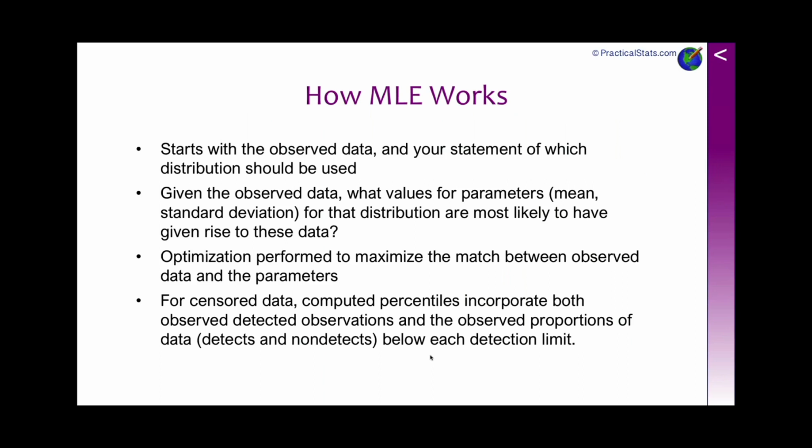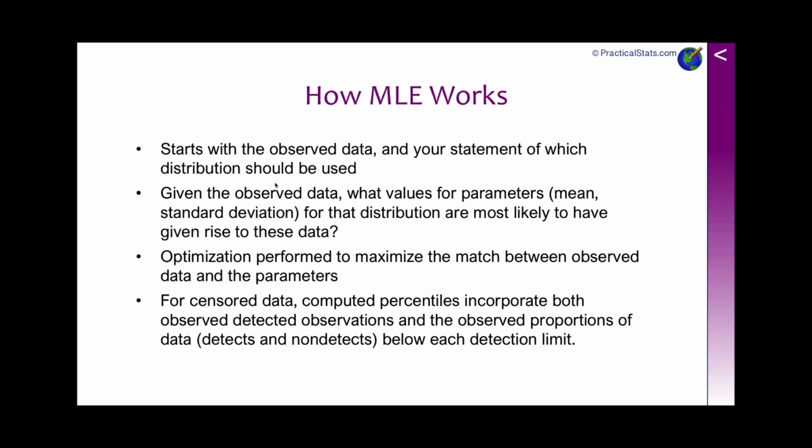So we're going to fit data like those curves using something called maximum likelihood. There are other methods to do it. This is one of the standard ones. And what maximum likelihood does, I won't go into the math today, is to start with the observed data and then your statement of which distribution should be used.